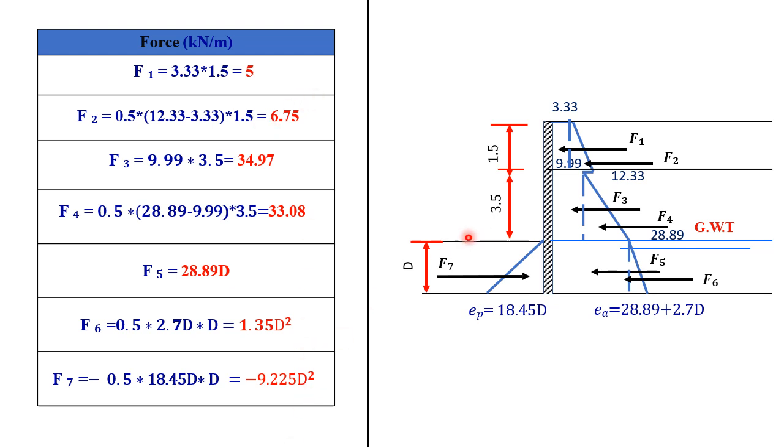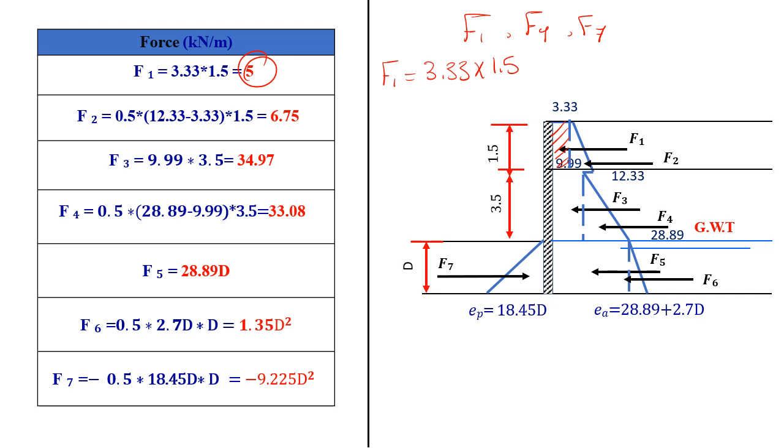So let's see some examples here. Let's see F1, F4 and F7, for example. F1 is the area of this rectangle here. So the area of this rectangle should be 3.33 times 1.5, and that's 5 kilonewton per meter run.